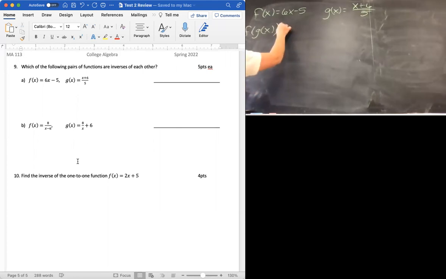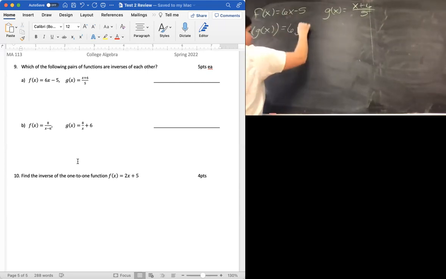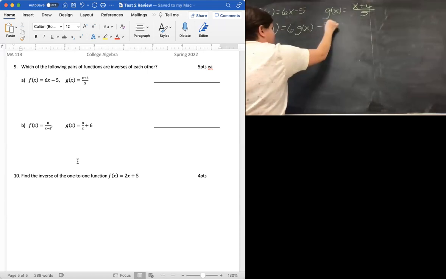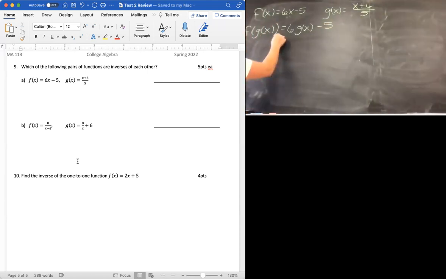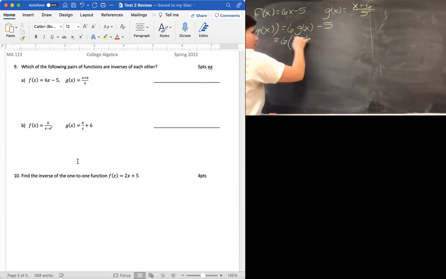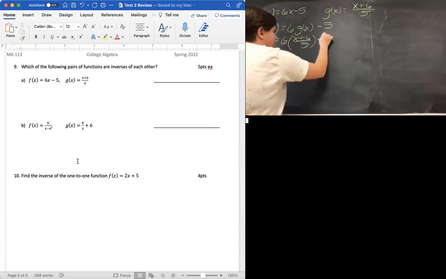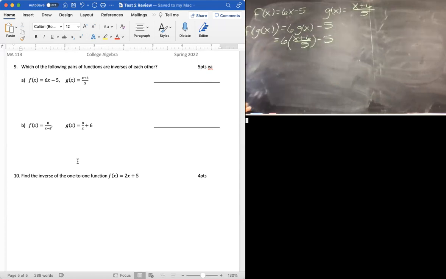So we're going to take g of x and shove it into our f of x. So we have 6, and then instead of saying x, I'm going to say 6 times g of x, minus 5. So that's 6 times x plus 6 all over 5, minus 5.